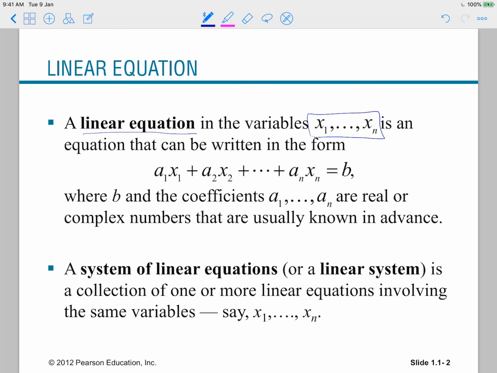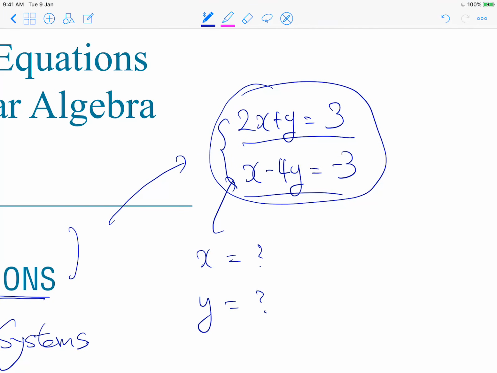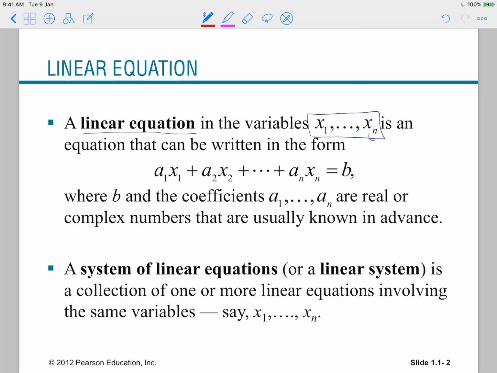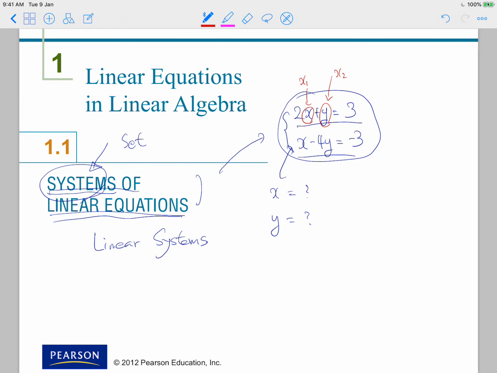It means we have n different variables. In this case we call this one x1 and this one x2. We may have 3 or more variables, so the number of variables is denoted as n. Here in this case, n will be 2.